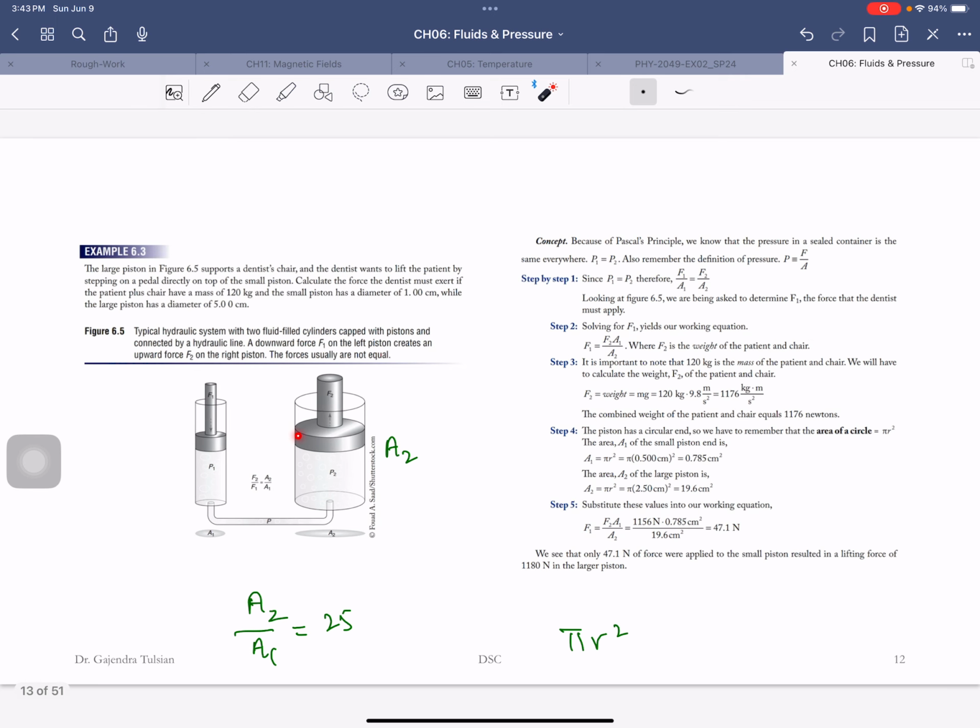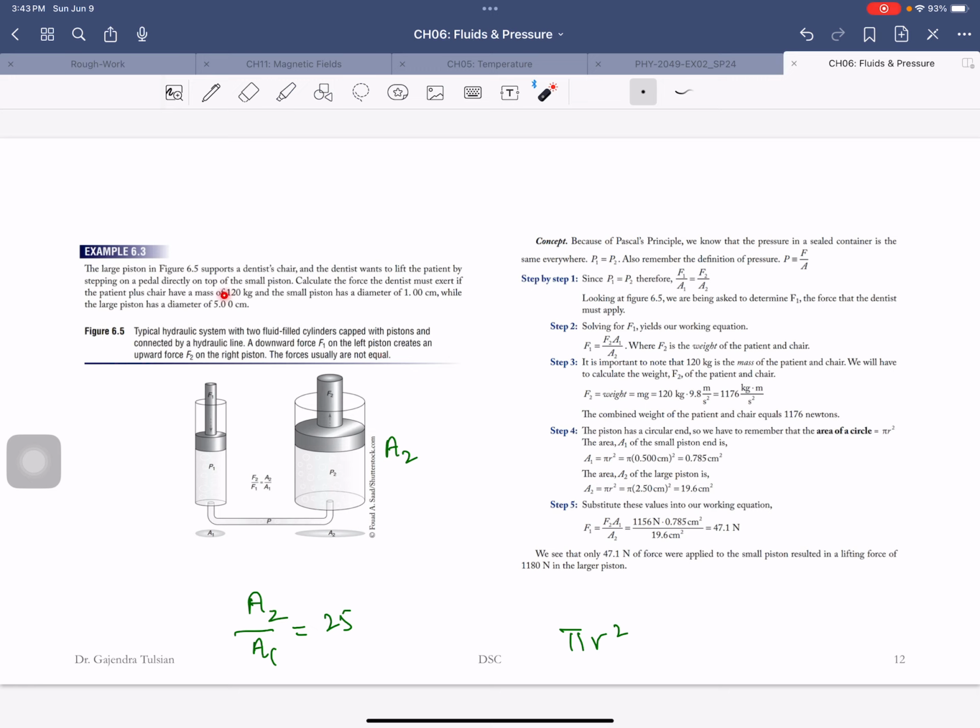In a dentist office, this is where the patient sits. The patient's chair is above this, and the dentist pumps this with a pedal and is able to lift up the patient. That's what this problem shows you. This is a 120 kg patient and chair.